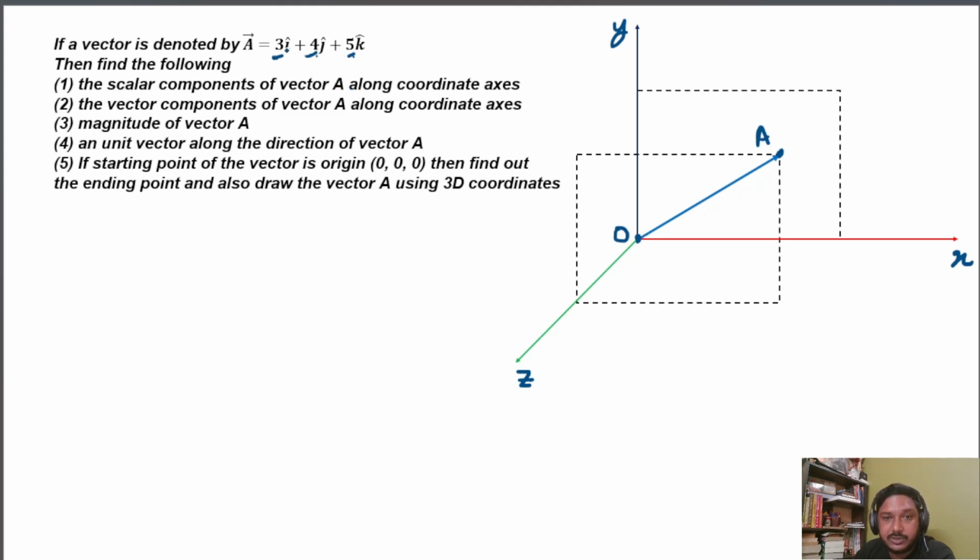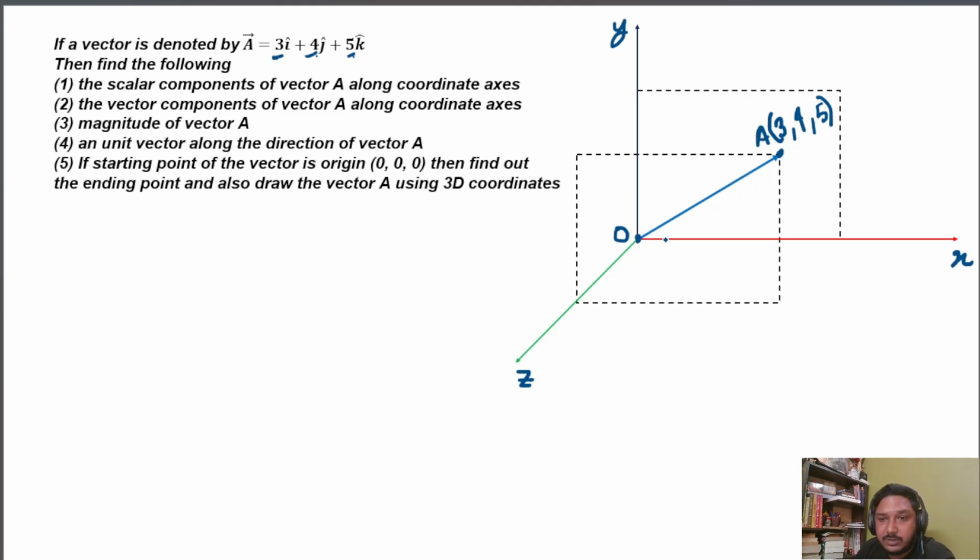So 3, 4, and 5 are the scalar components along x-axis, y-axis, and z-axis. What will be the coordinate of A? Let us first write it down. The coordinate of A will be 3 comma 4 comma 5.